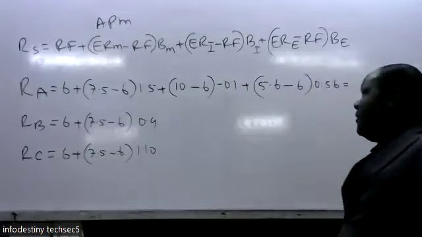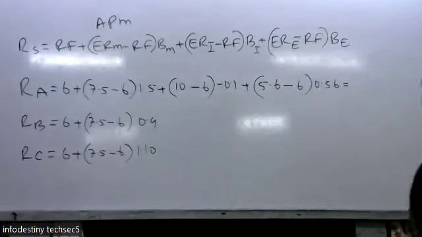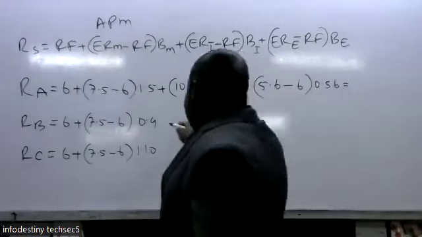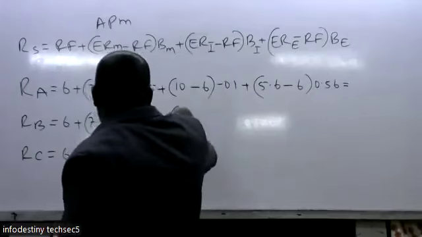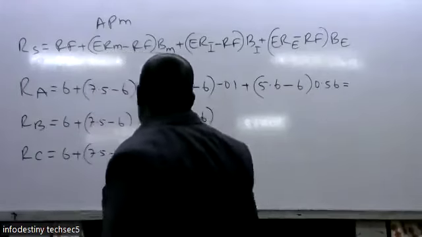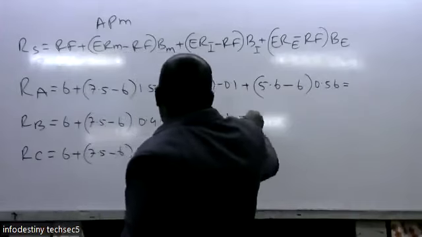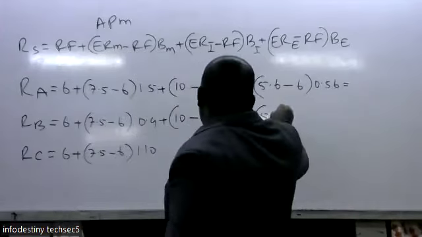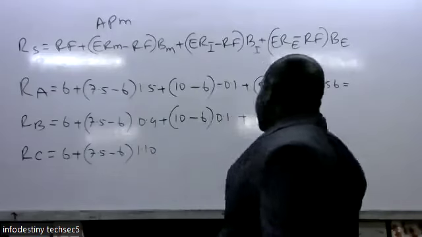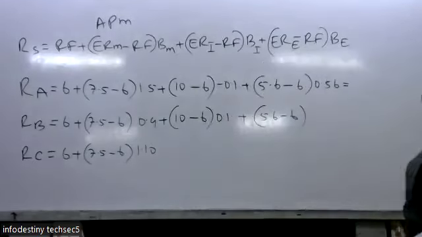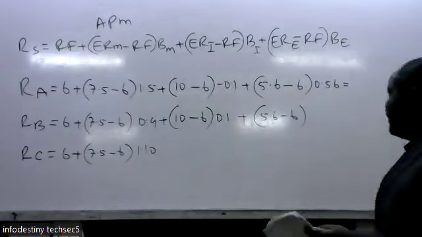So that now will be for A. Then for B, we repeat the same. 10 is not changing, 6 is not changing. The other one is 0.1. Then 5.6.